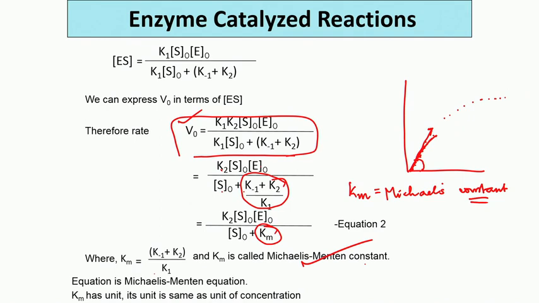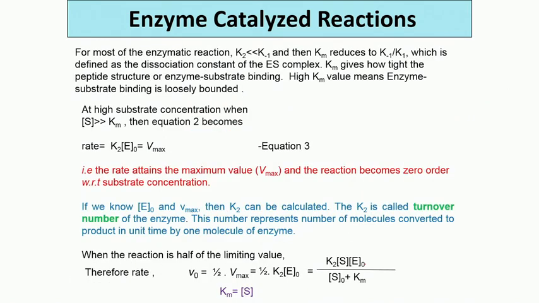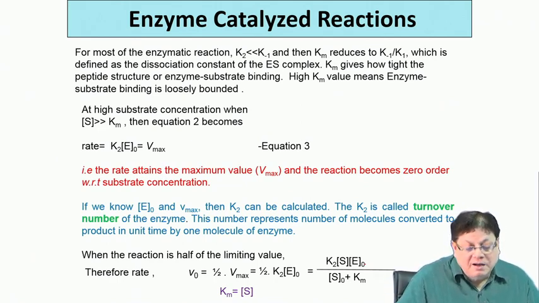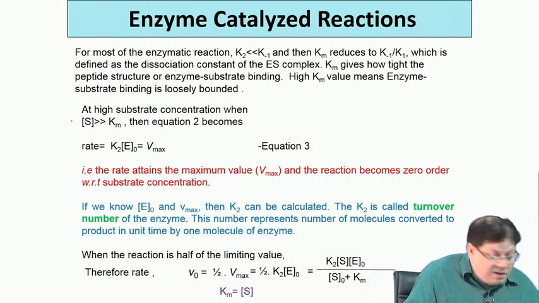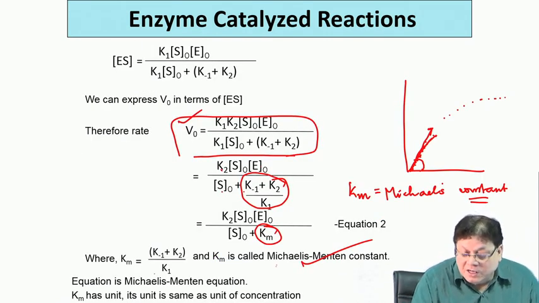Now, you can actually simplify this equation a little bit, if S, the concentration of substrate, is much higher than Km. Remember, this is also an interesting issue, that Km is basically a ratio of rate constants, but some of these rate constants are unimolecular rate constants, some are bimolecular rate constants.